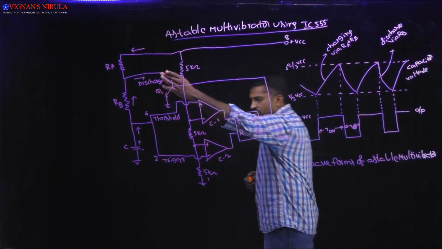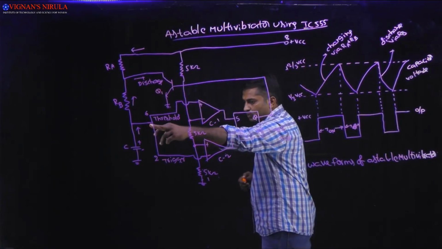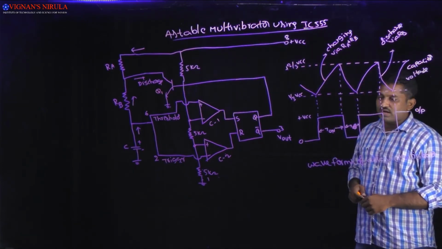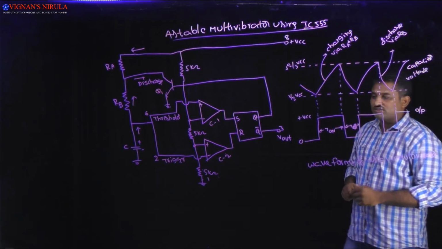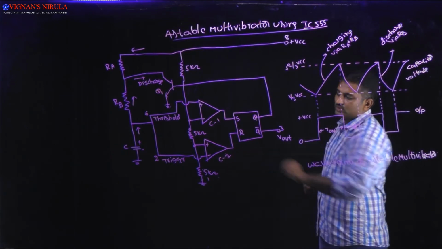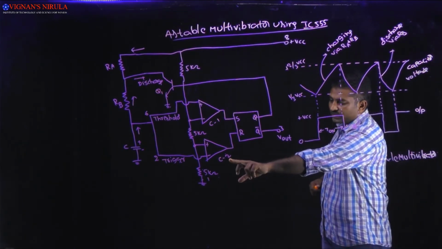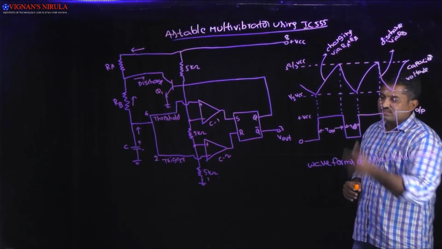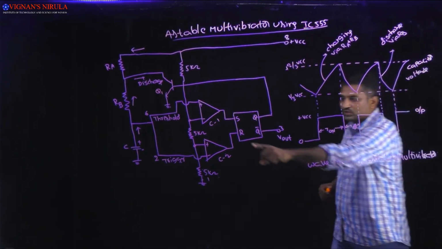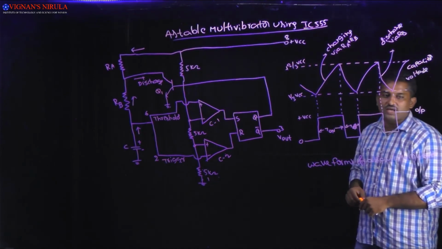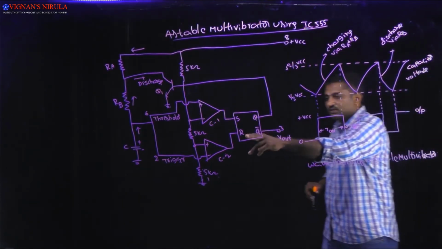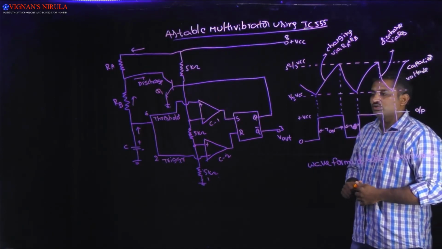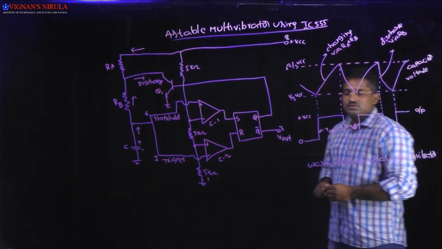Whenever it discharges the capacitor, that voltage will be applied as the trigger voltage, and when this trigger voltage is less than this reference voltage, then immediately comparator 2 produces the output as plus Vsat, which will be considered as 1 and will be applied at R. And obviously if R is equal to 1, then S becomes 0. So Q becomes 0.